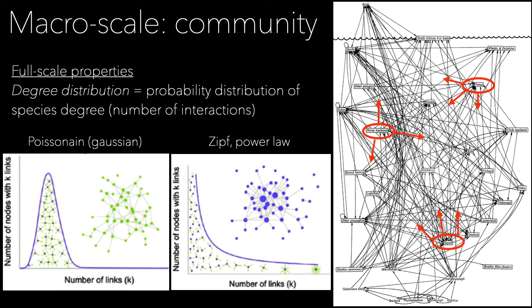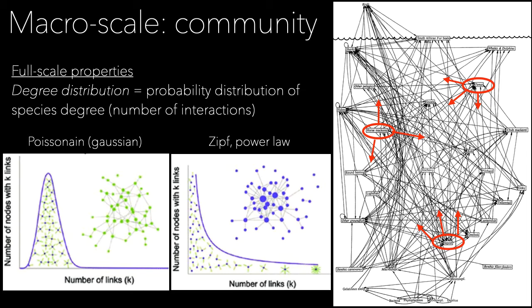We can then look at full-scale properties. A very important property that was imported into food webs from statistical mechanics is the so-called degree distribution.